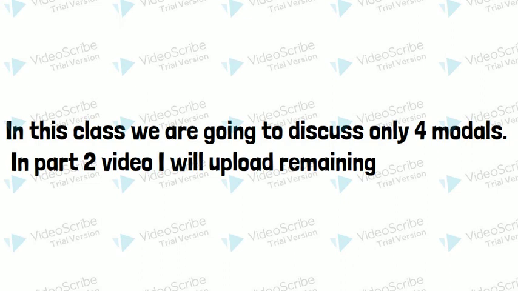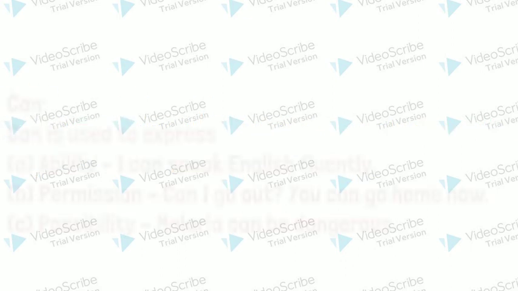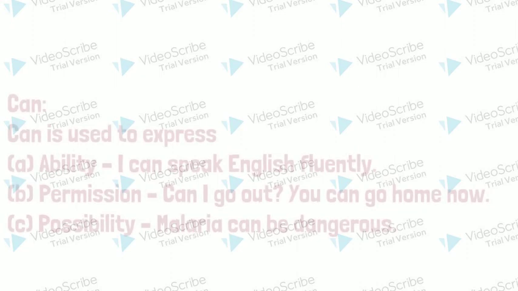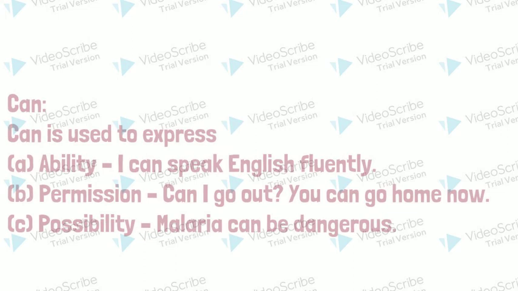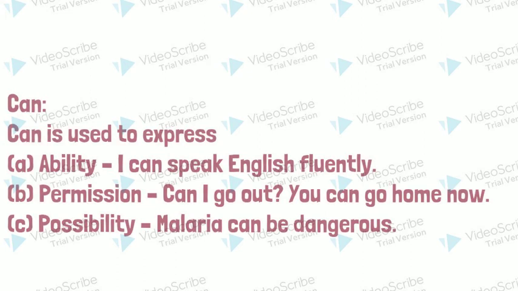Can is used to express the ability of a person or a subject. So what is ability? For example, I can speak English fluently and I can dance well. These are the abilities of the subject. This is the first section.